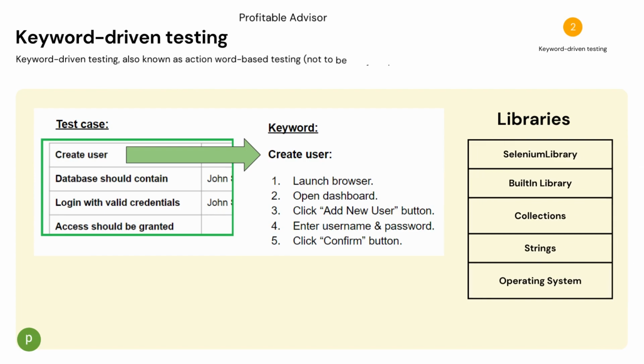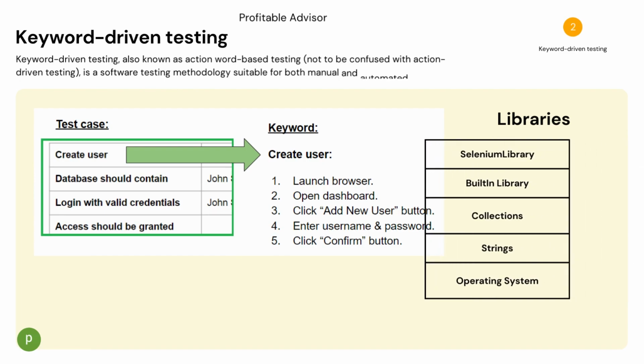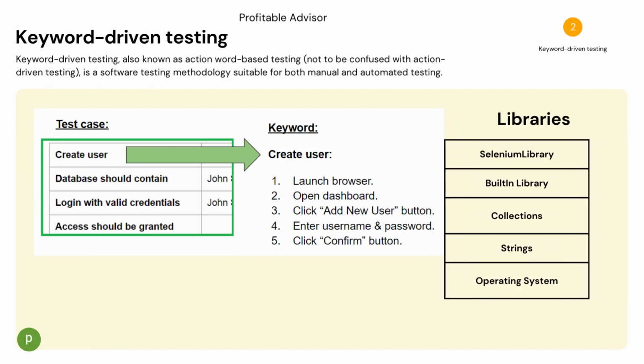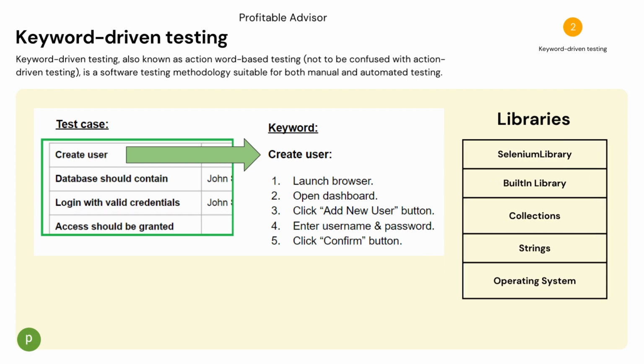Keyword driven testing. Sorry, I'll say action word based testing. Oh, I'll say action driven testing. Okay, stop. Are you discussing keyword driven testing or action word based testing or action driven testing? Don't get confused.